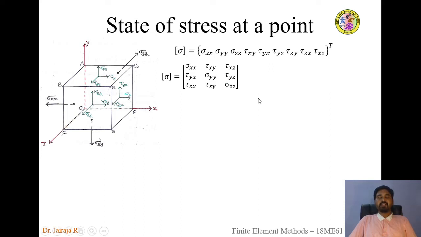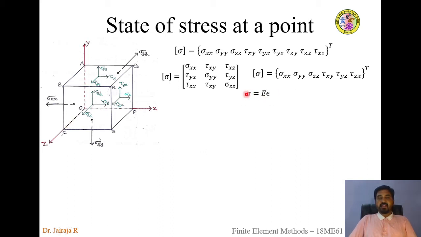Due to this, the total 9 stress components are reduced to 6 stress components. So sigma is equal to sigma xx, sigma yy, sigma zz, tau xy, tau yz, tau zx. These are the 3 normal stresses, and these are the 3 shear stresses.